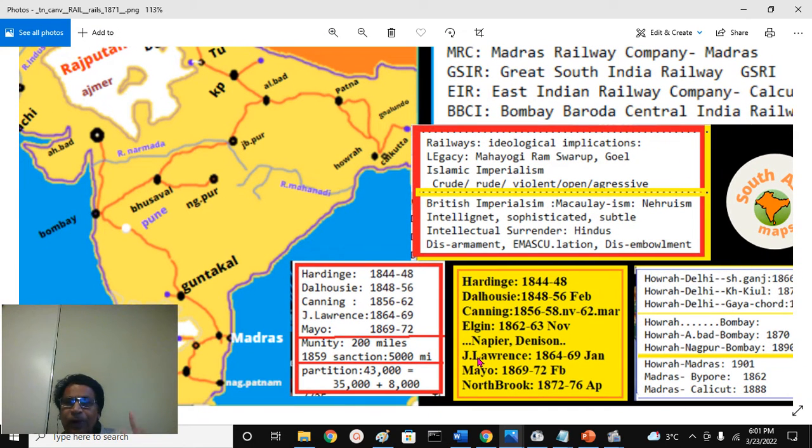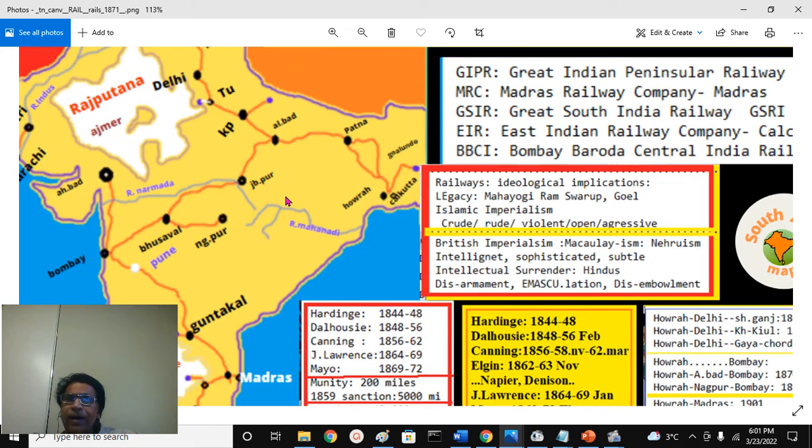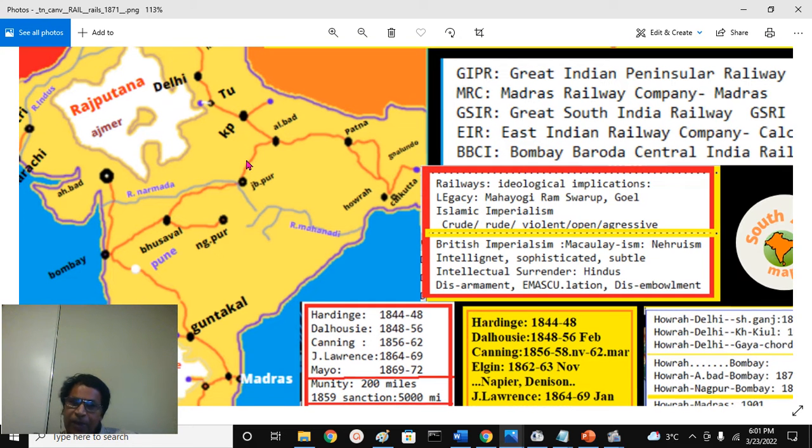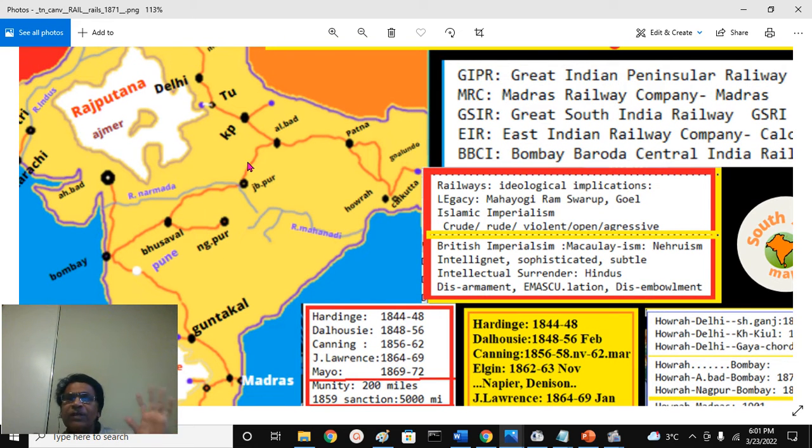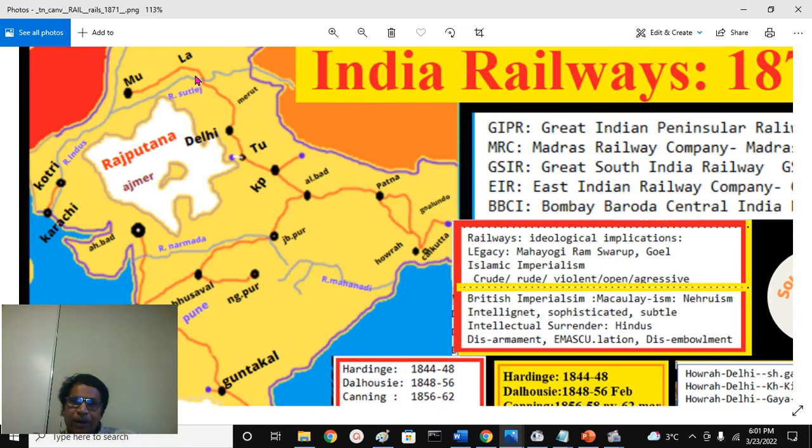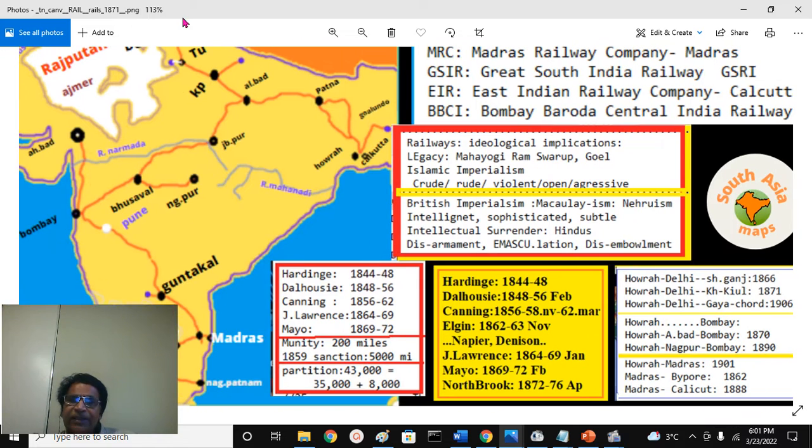The most important Governor General later was John Lawrence. John Lawrence was previously the Chief Commissioner, and at that time Chief Commissioner meant governor of British Punjab, after the annexation of Punjab, which was done in Dalhousie's time.